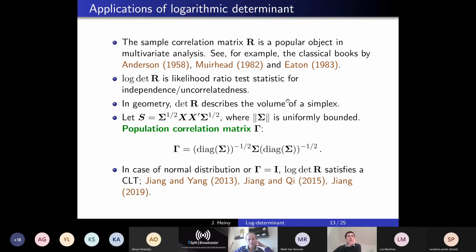Okay, so now let me return to this sample covariance matrix here with this population covariance sigma, and let the spectral norm, so the largest eigenvalue of sigma, be uniformly bounded.